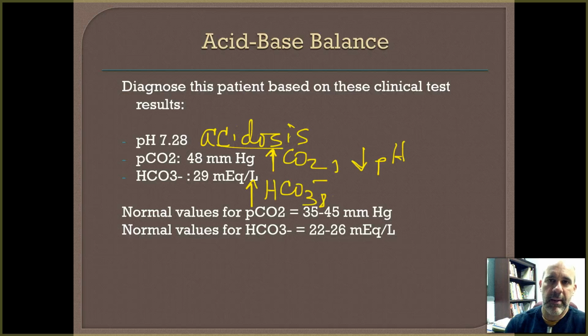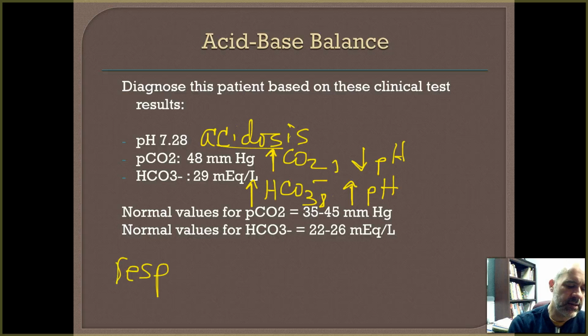What will high bicarb do to your pH? It will increase it. Which of those two abnormal values is associated with acidosis? Hopefully you're thinking CO2. So that tells us that this patient has respiratory acidosis.